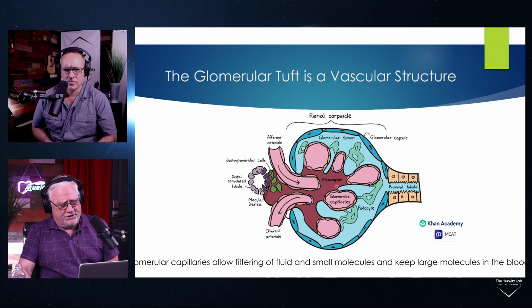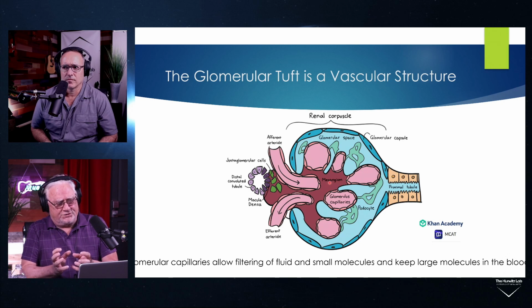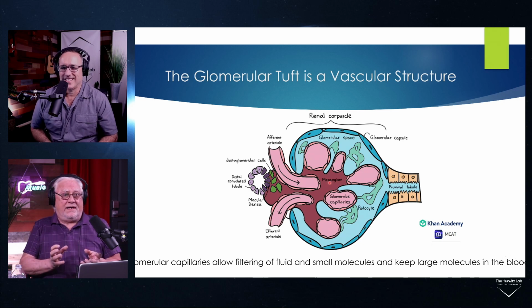And the mesangium is actually modified vascular smooth muscle that is moved off asymmetrically, where its contractile function can change the filtration surface area of the glomerular capillaries. It's amazing.